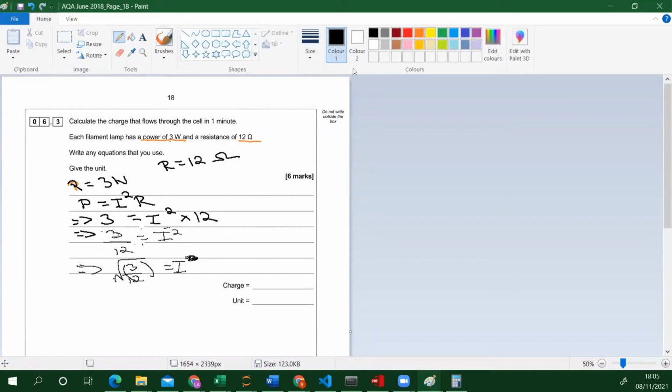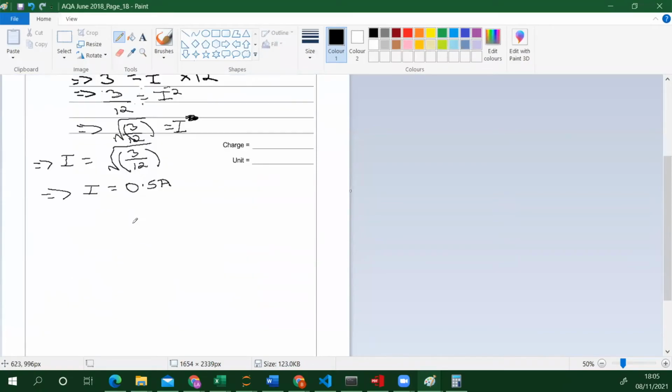Let me write it neatly on the next line. Usually we put what we want at the front, so I equals the square root of 3 over 12. Same equation, just the other way around. So the current at the moment is 0.5 amps.